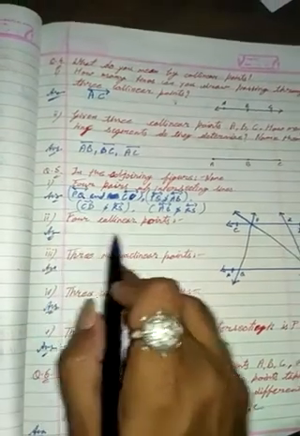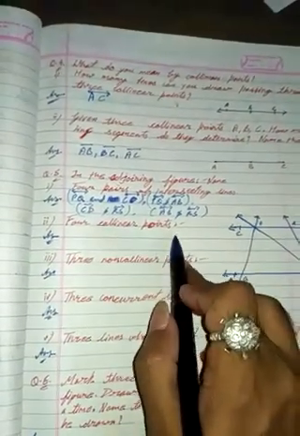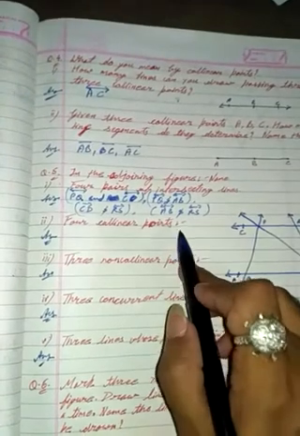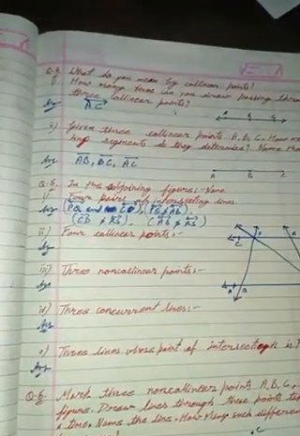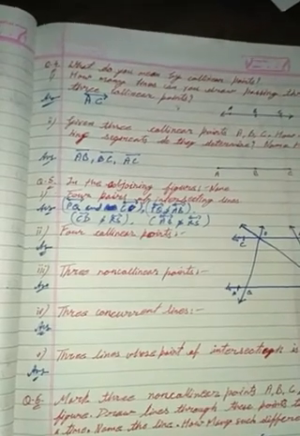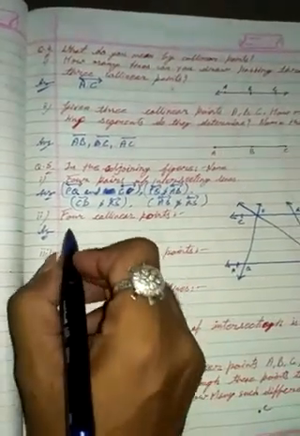Now next part, four collinear points which lie in a straight line. Write any four collinear points.